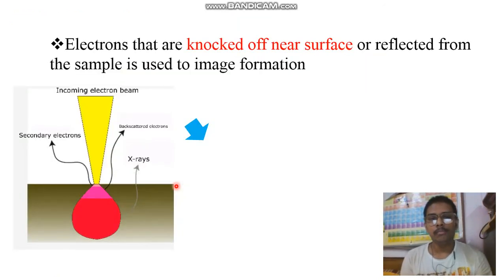So this slide shows when electrons are knocked off near the surface or reflected from the surface of the sample, that knocked off electron is actually used for the image formation. As the picture here shows, this is an incoming electron beam, denoted by a yellow beam.